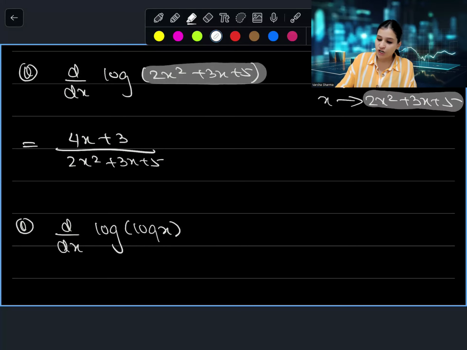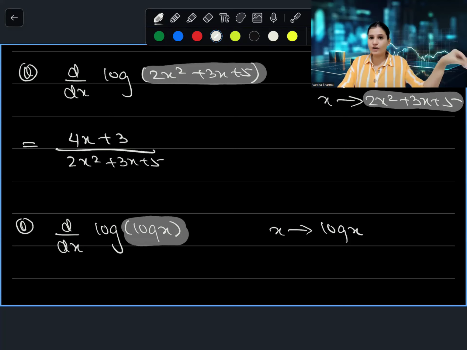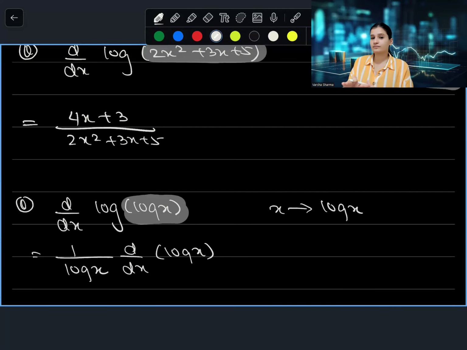Now, differentiation of log of log x. First, log x is my x. So instead of x, we have log x. What's the differentiation of log x? First I'll write it as 1 by the white one, into the differentiation of x. My x was log x. Is this part understood? Yes, ma'am.